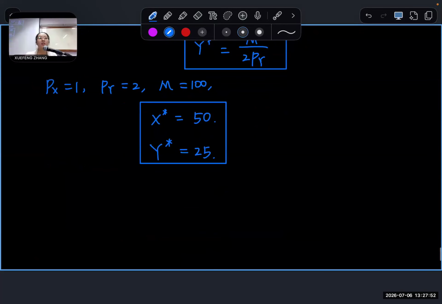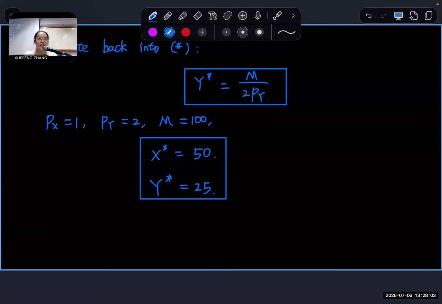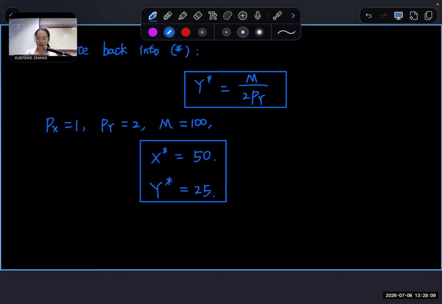Okay, so here is the question. When should you use the Lagrangian and when should you use the MRS method? Which one do you prefer? MRS, right? Because it's simple. I think in my assignment, I asked you to use the Lagrangian to solve that question, but some of you didn't.